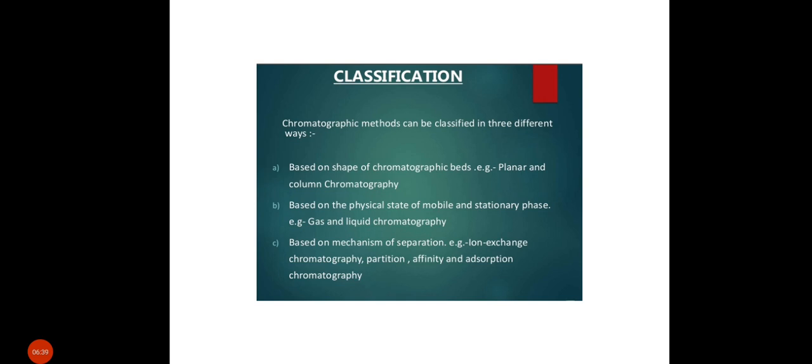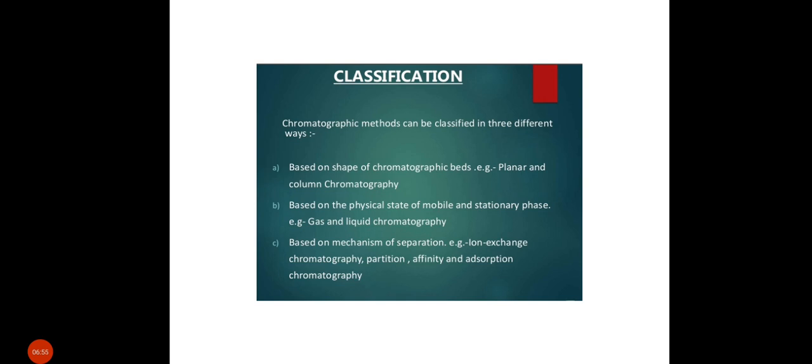So chromatographic methods can be classified in three different ways. First is based on the shape of the chromatographic bed. Second is based on the physical state of mobile and stationary phase.